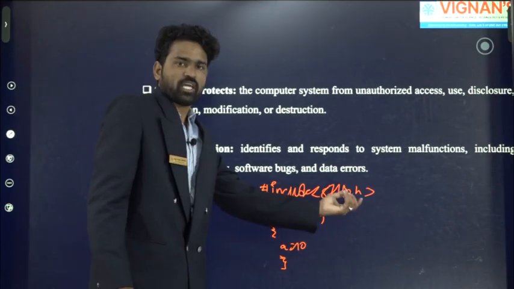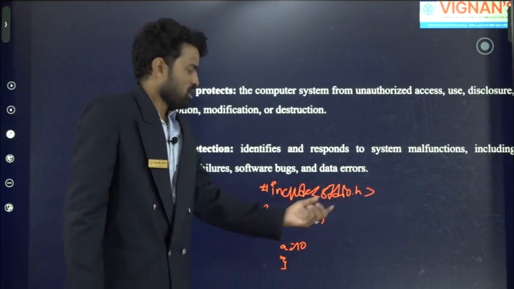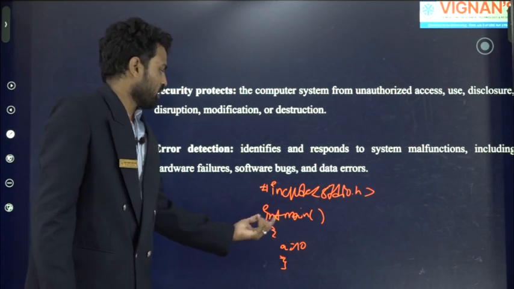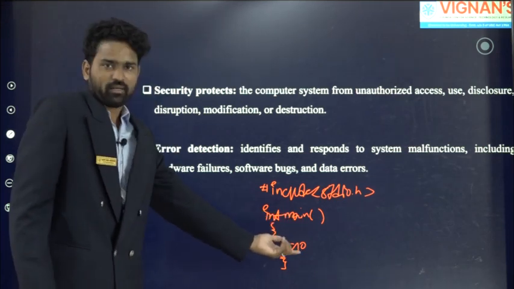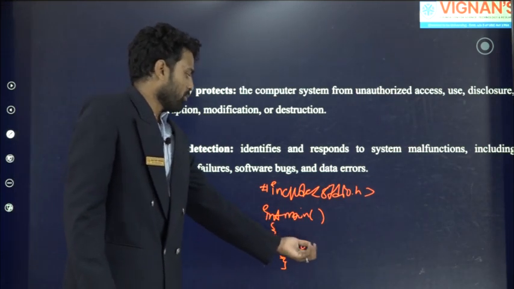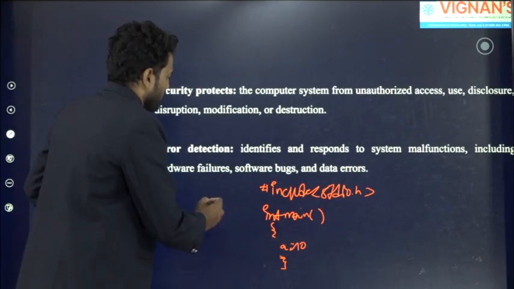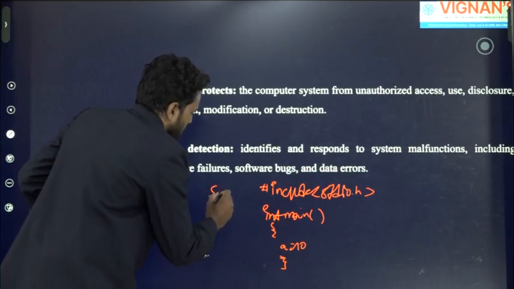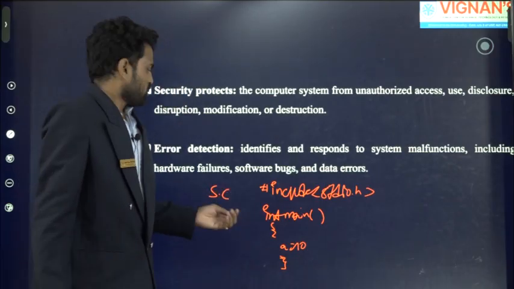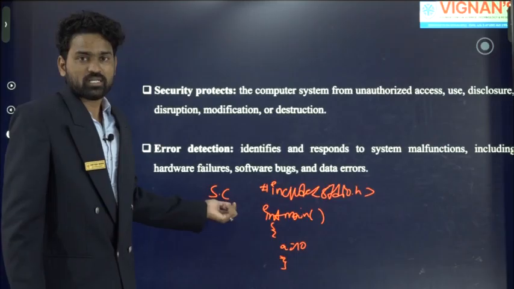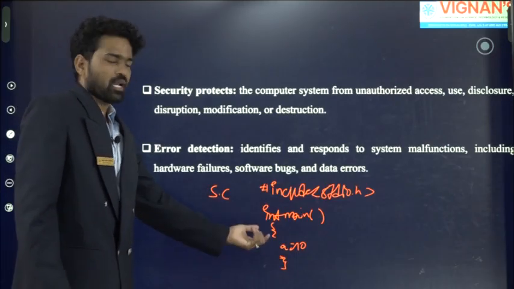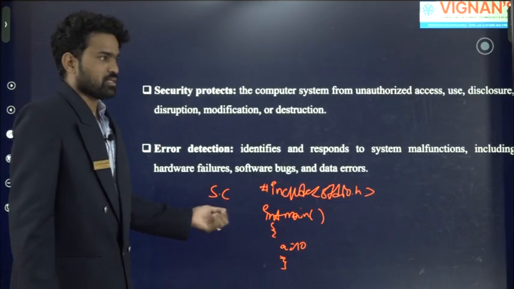Hash include stdio.h, these are the header files, and int main, we are returning int, then a equal to 10. I have written a equal to 10 without the closing semicolon here. I have saved this program as s.c, assume that; the c means a C extension file. This program is in the C language.